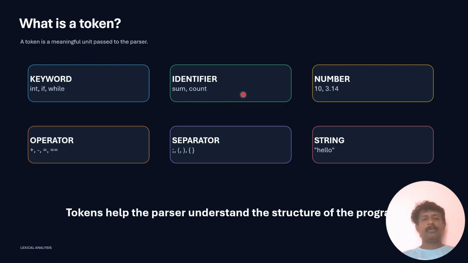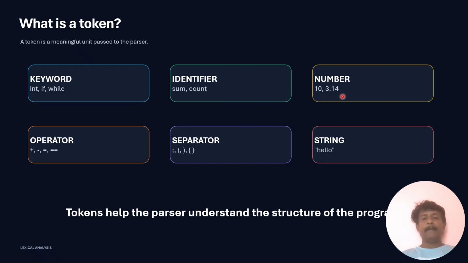Identifiers are variable names, function names, or class names. There are certain rules in every programming language for creating them. In C, an identifier starts with a letter followed by letters or digits. Identifiers are names given by programmers, like sum or count.